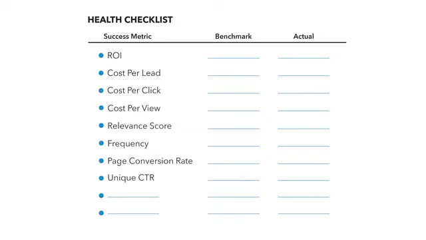Relevance score and frequency are good metrics to look at to see really how your particular ads are resonating with the audience. Frequency is going to make sure we're not showing the ad too many times. And then page conversion rate and unique click-through rate are going to tell us how attractive this ad is to our audience, and how well they are converting on the page once they click.